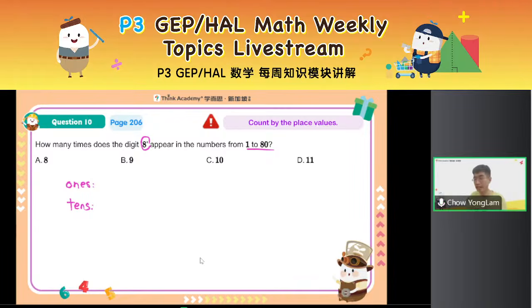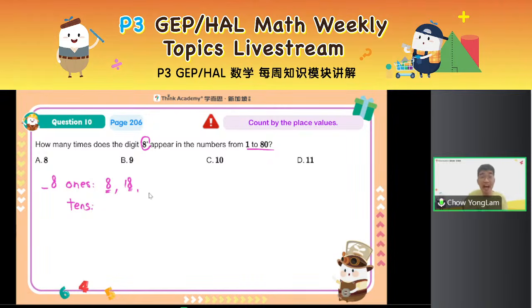How many times did 8 appear in the ones place? When is the first time 8 appears in the ones place? Is it 18? No, right? It is 8. So 8 is the first time where we see 8 as the ones digit. Then 18.